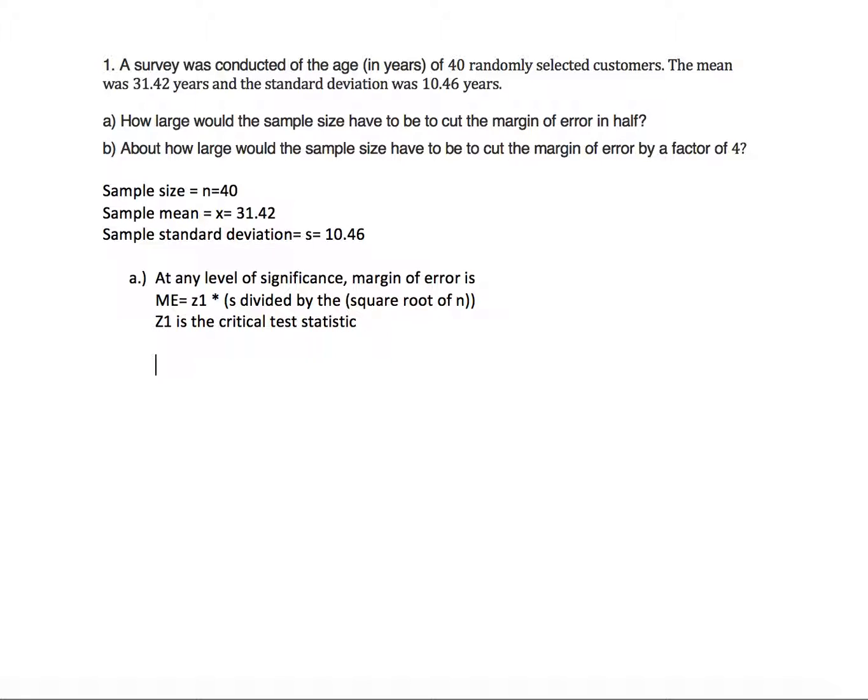So for n equals 40, we're going to plug in the values for the equation. N equals 40. The margin of error equals Z1 times 10.46, the standard deviation, divided by the square root of 40.